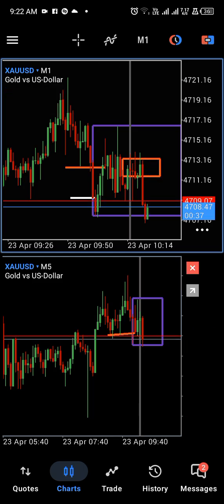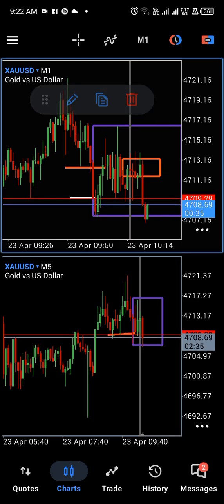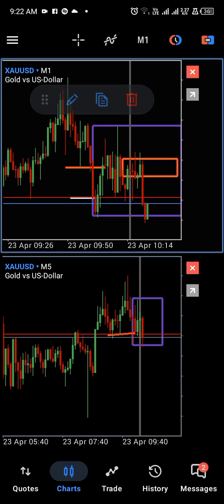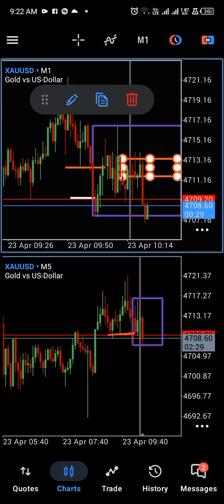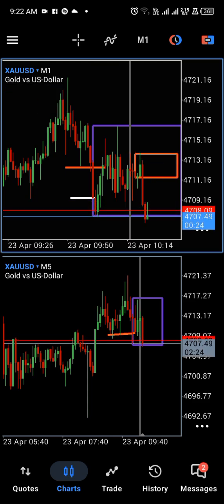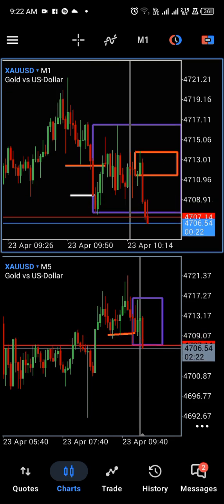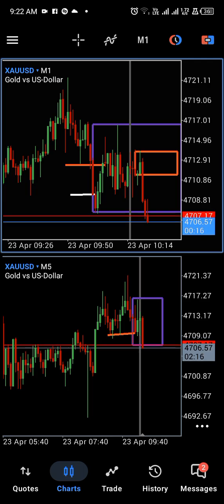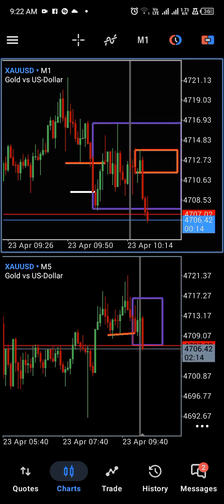It is a fair value gap. So if I can get, yes, I like the breakout that we are getting here. If I can get a confirmation below, because so far everything is pointing to bearishness on both the 1 minute time frame and the 5 minute time frame.